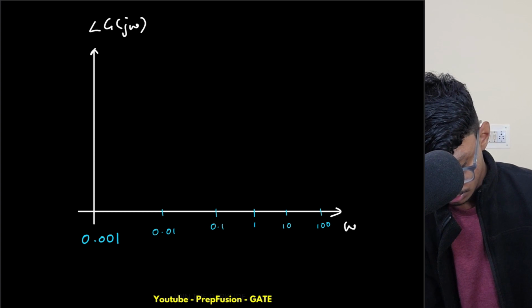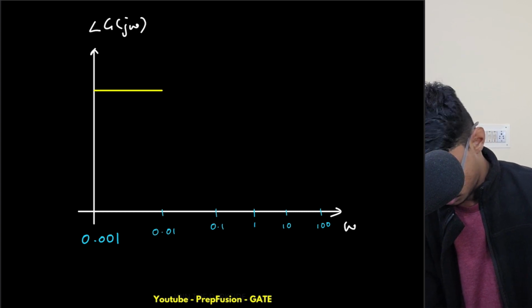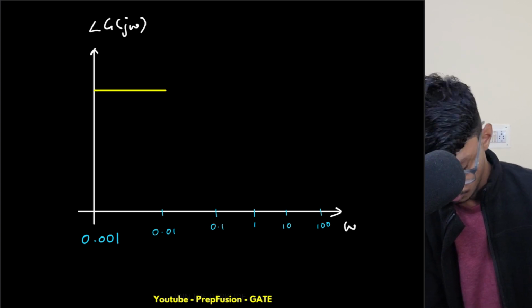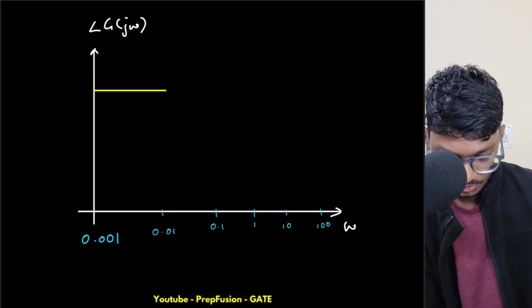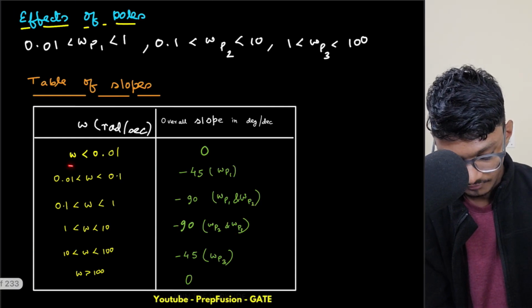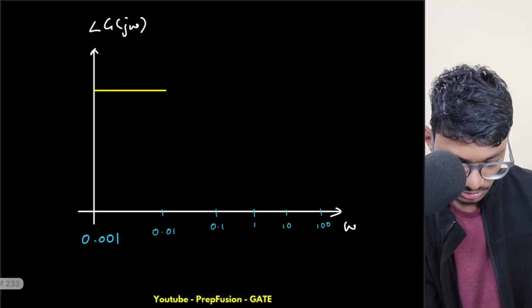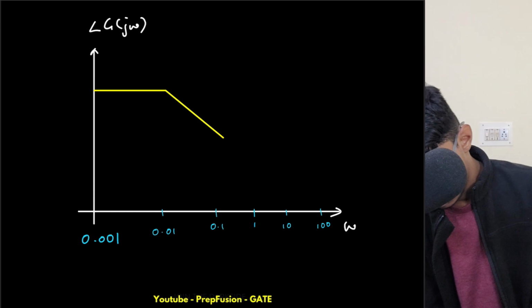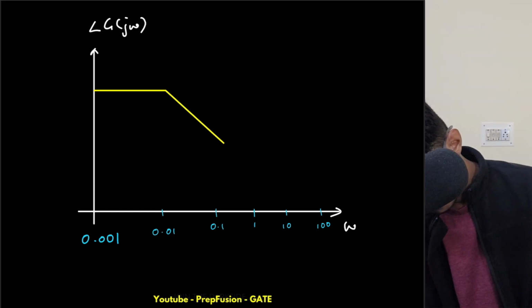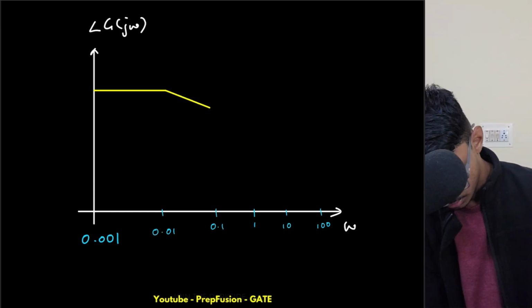So this is 0. Then after 0.01, what is happening? After 0.01, my slope is minus 45 degree per decade. So it reduces at minus 45 degree per decade. I will move it like this.